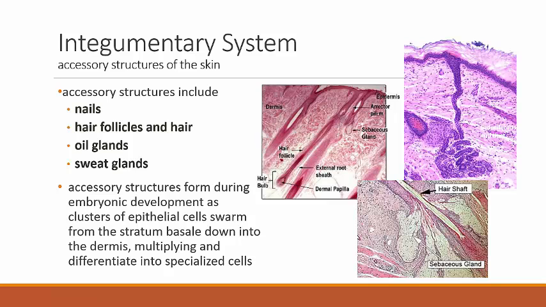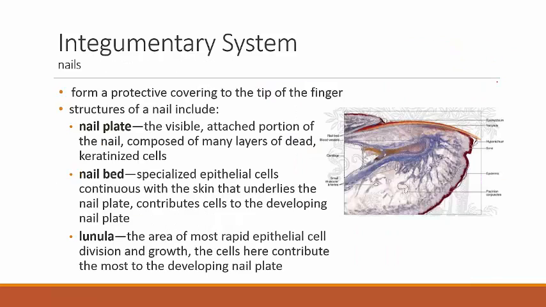This swarming of cells as they develop downward is what creates all the structures that we see in the adult form as the accessory structures.